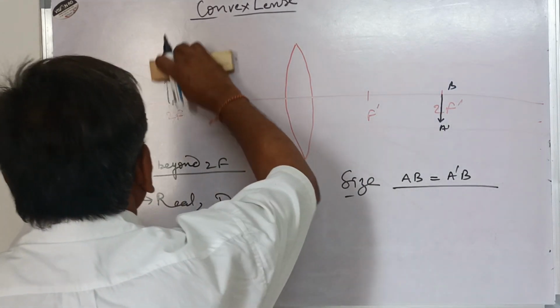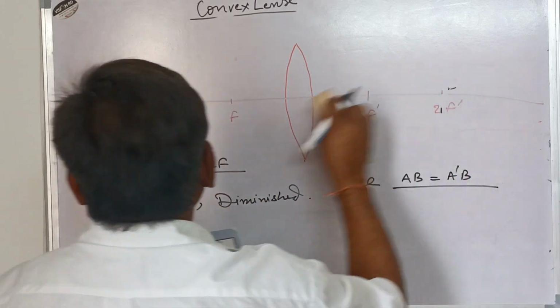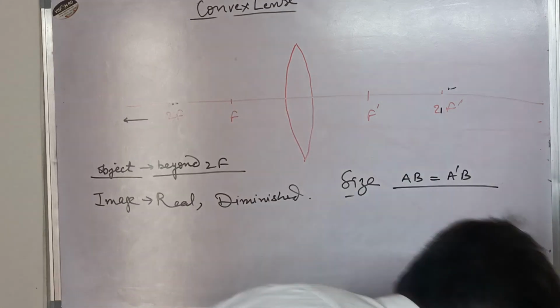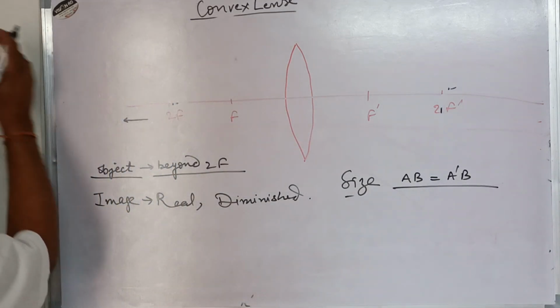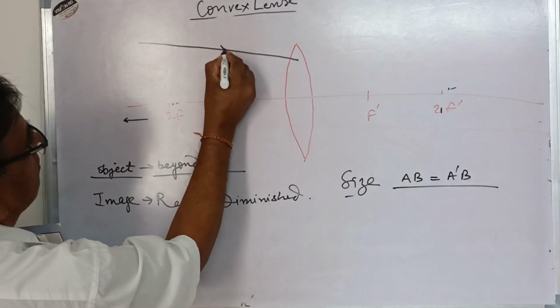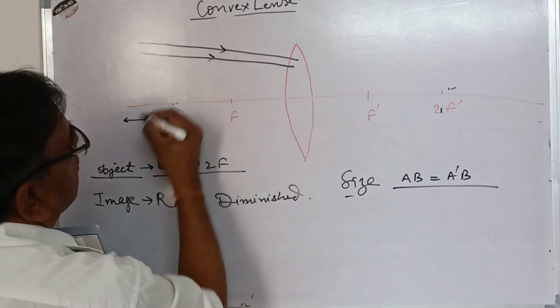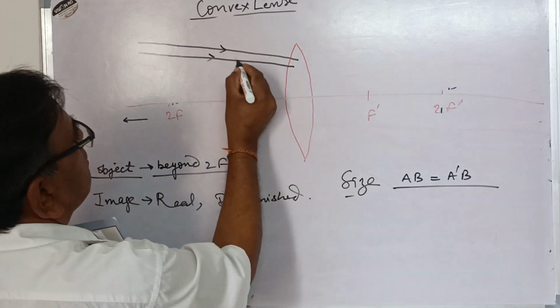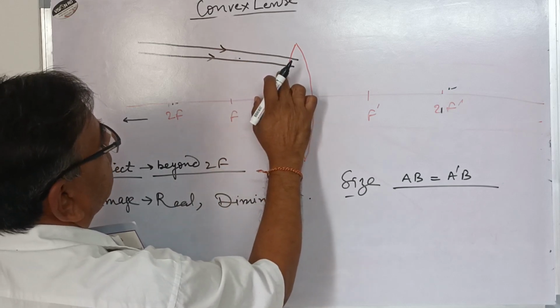See, the image is this side, very far. Let the rays come here from the image. These rays are parallel, but not parallel to the principal axis.